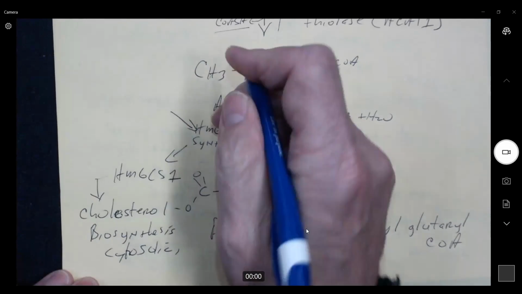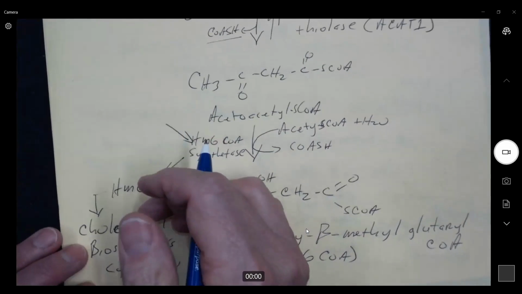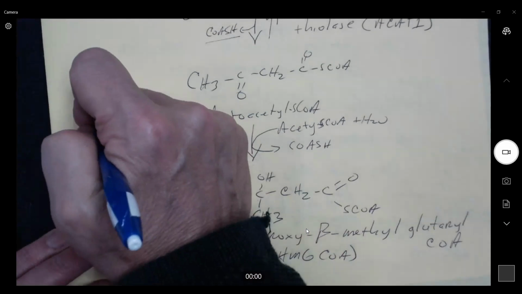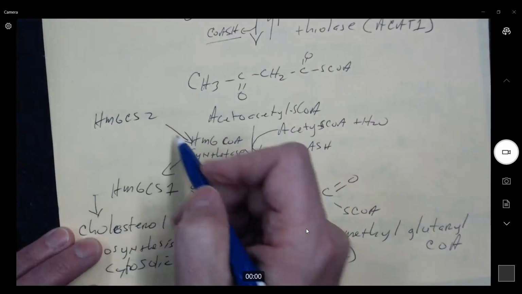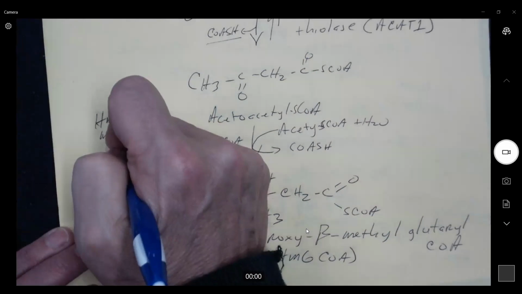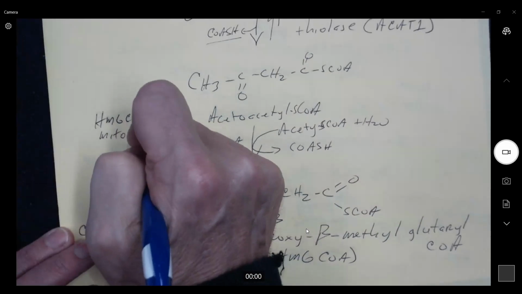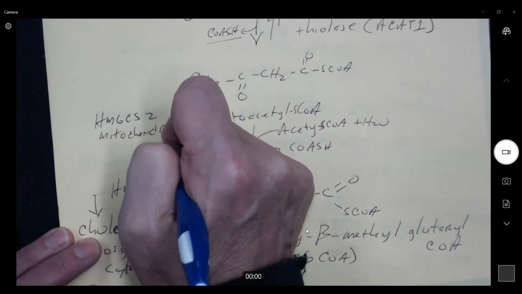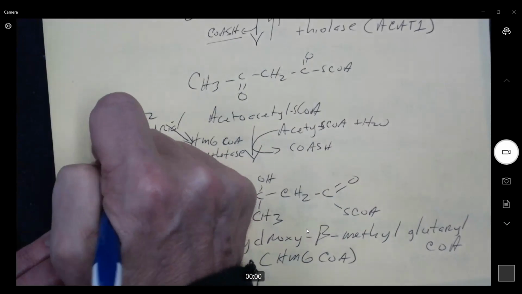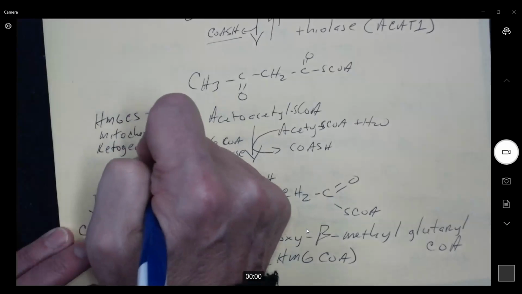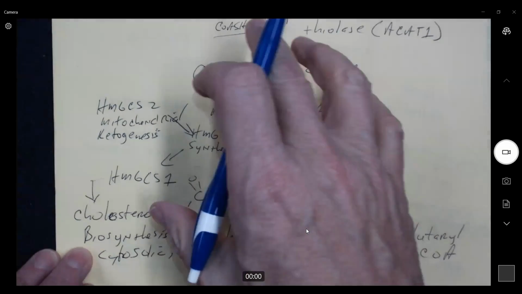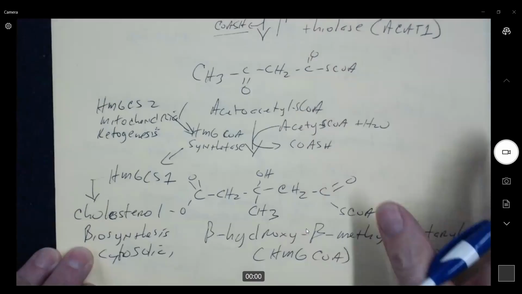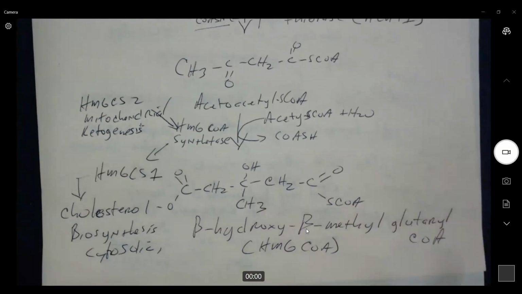The enzyme, however, for ketogenesis is HMGCS2. This is mitochondrial, and it's used for ketogenesis. So yes, there's two versions of this enzyme. They catalyze the same reaction, but they're involved in the production of different products.